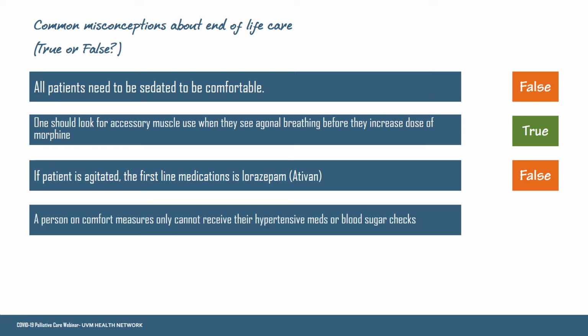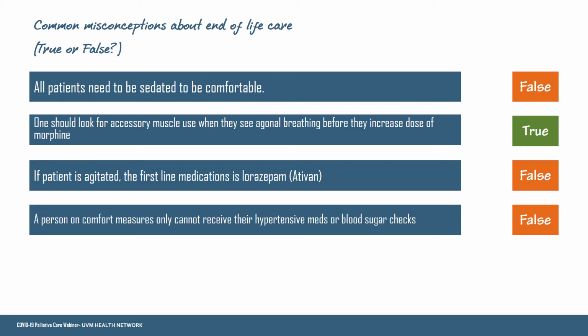Next statement. A person on comfort measures only cannot receive hypertensive meds or blood sugar checks. False. Patients who choose to have comfort-focused care are not excluded from receiving their prior medications, even their blood sugar checks. The goal here is to focus on comfort, and sometimes that can include medications, lab tests, and even vitals that are aimed at symptom control.